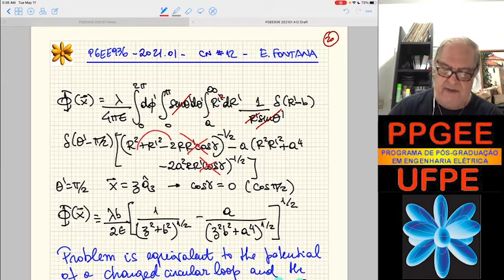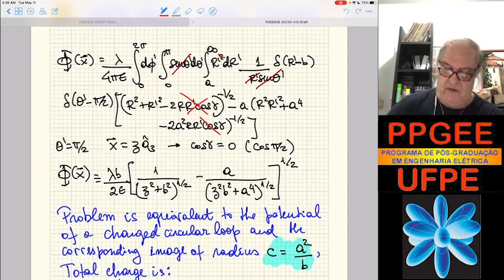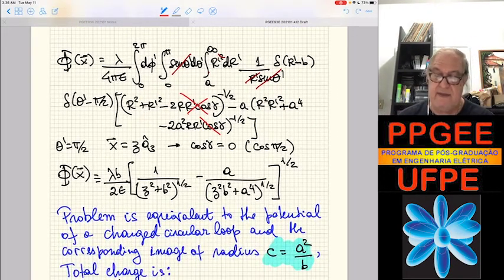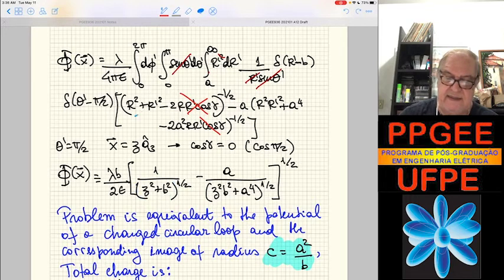And r prime is going to be equal to b, just recall that. So when we do that, we end up with the square root of z squared plus b squared because it's the axis, and that's the other term here.